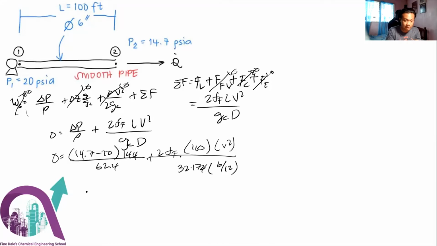As you can see, we have 12.23077 equals 43240 f V squared.